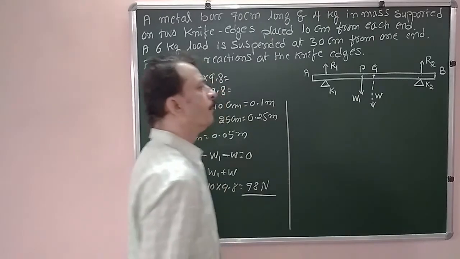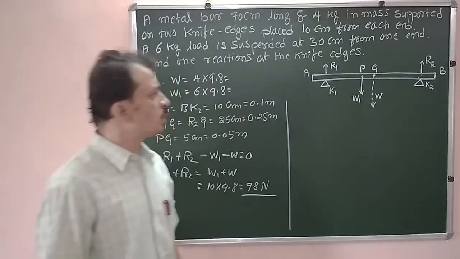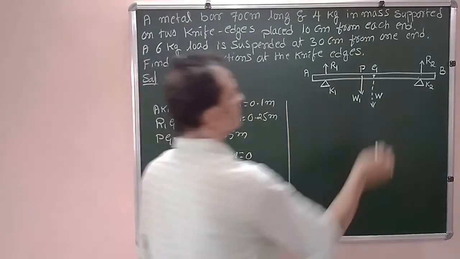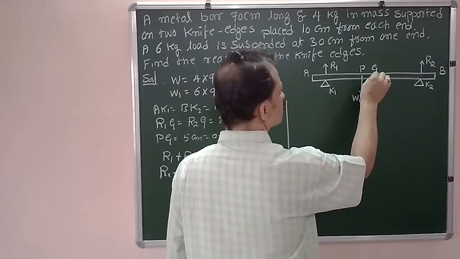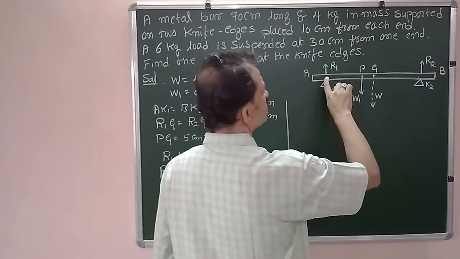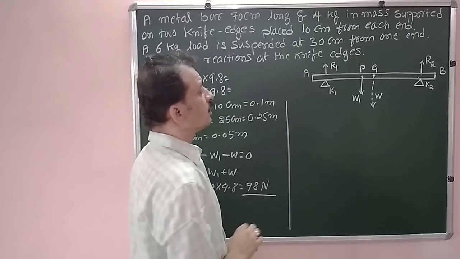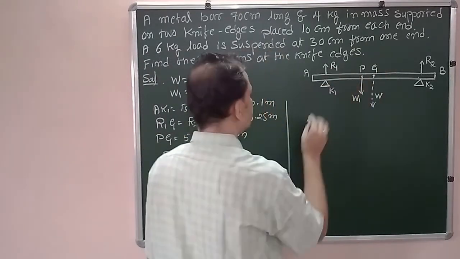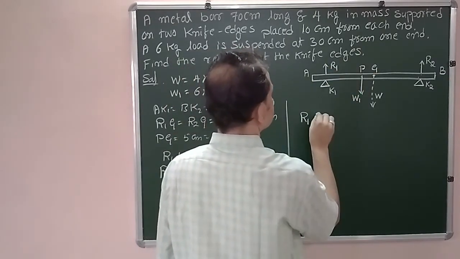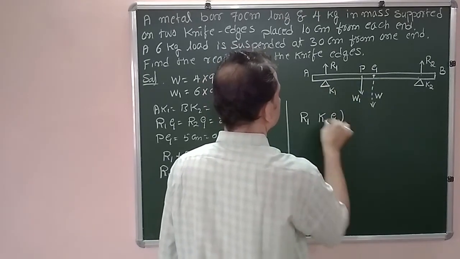From rotational equilibrium, now we are going to calculate the moment of force at a point. The better point is G, that is the center of gravity. Now we are calculating the moment of force about the center of gravity. Now R1 force tends to rotate the bar in the clockwise direction. What is the moment of force of R1 with respect to G? It is R1, that reaction force, and the distance K1G.